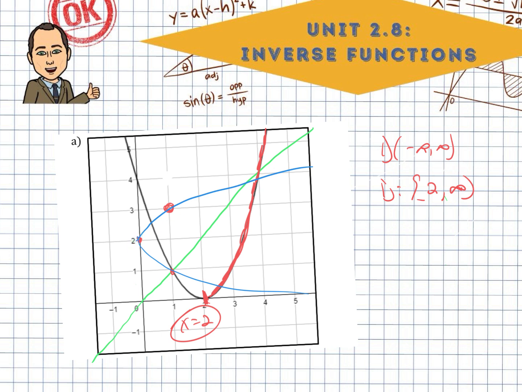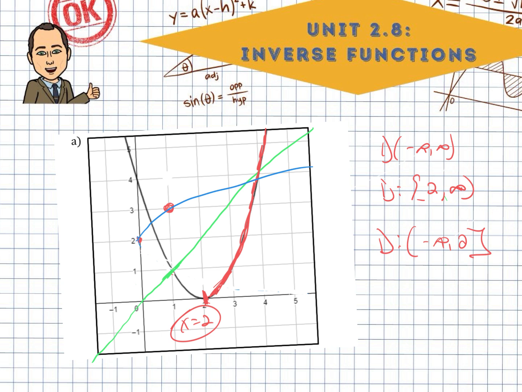So if I got rid of my lower half value of that inverse graph, then all of a sudden what I would have is just this upper half of blue and this right side of red. So when I restricted the domain of this function, I picked 2 to infinity. I could have also picked negative infinity to positive 2.